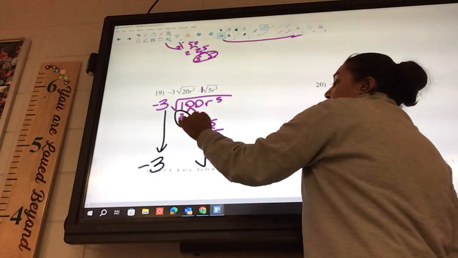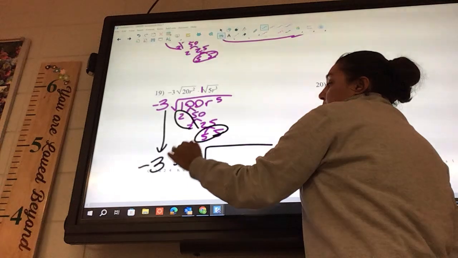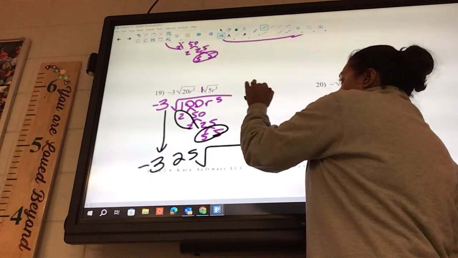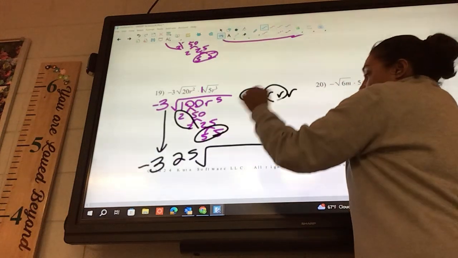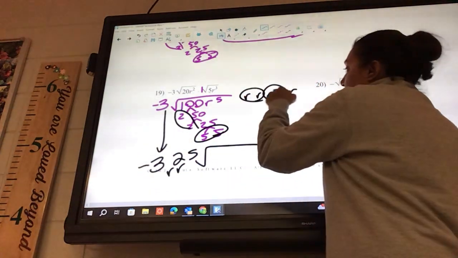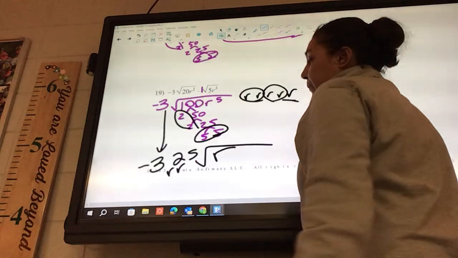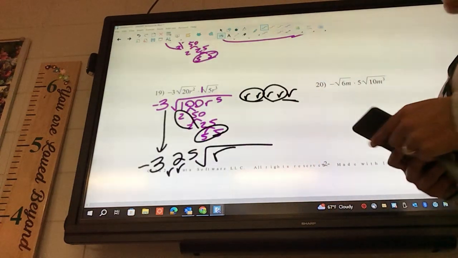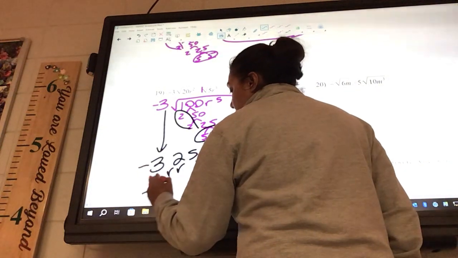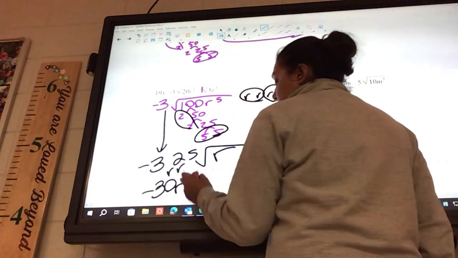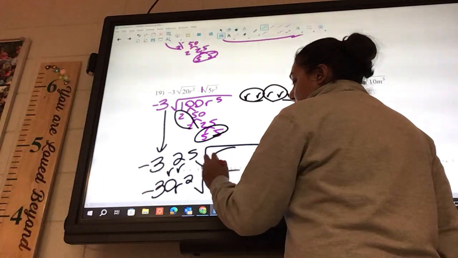A group of 2's can go and a group of 5's can go. I have 5 r's total, so 2 groups can go, so it's going to be r squared, and I have 1 r that's left over who cannot go. So negative 3 times 2 times 5 is going to be negative 30, r squared, because there's 2 groups, square root r.